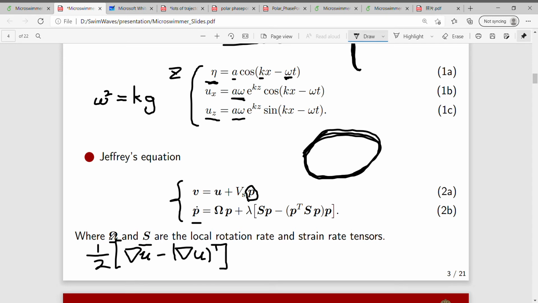And here omega is called the local rotation rate tensor, which is 1/2 of grad u minus grad u transpose, and S will be the strain rate tensor, which equals 1/2 of grad u plus grad u transpose.